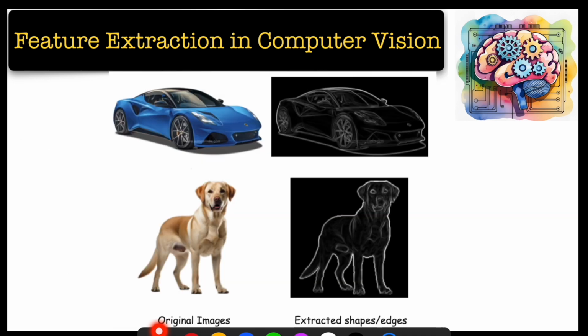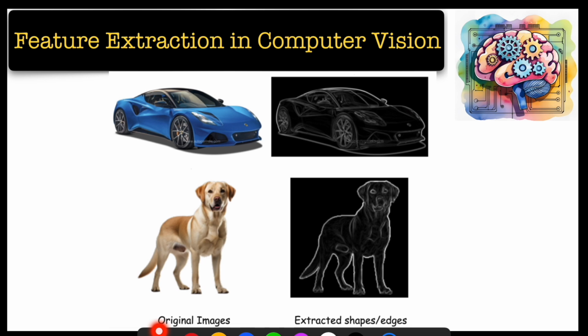If we have this car and dog image and we just extract the shapes or edges, we'll get something like this. And this is enough for a computer to tell this is a car and this is a dog. The extra features like color we can ignore.